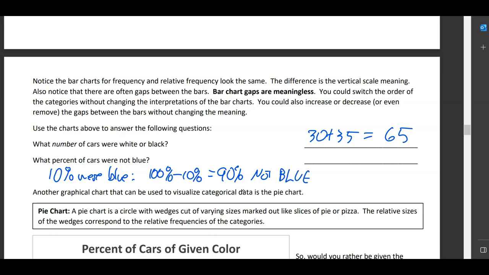This is the complement rule. This is in normal distribution as well as probability. 100% minus a percent is how many that are not that. That's a lot easier than counting up the other bars.